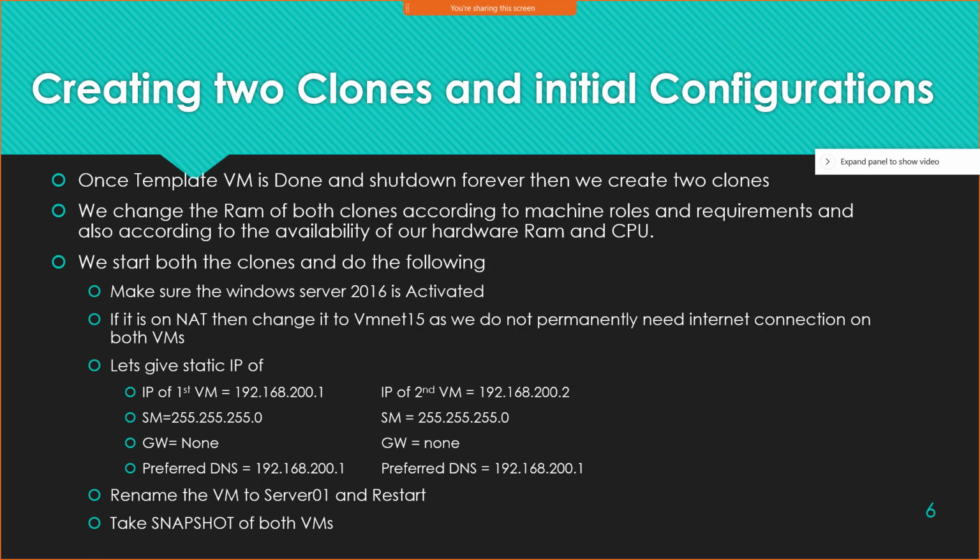The hardware is the main thing that is really causing our change of plans. We start both clones and do the following configuration, and rename, just like we did last time in Azure, but now I'm doing it on my machine with VMware Workstation.